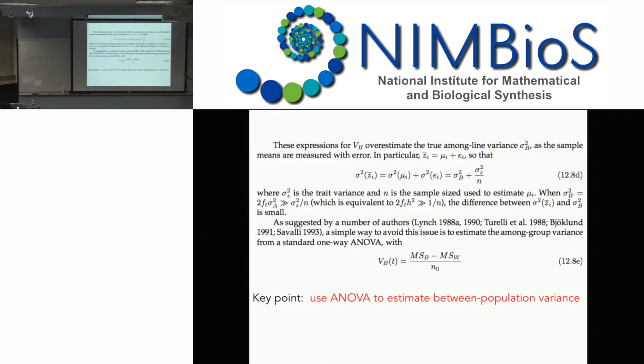So if we're looking at divergence, we want to look at the between mean variance, and the cleanest way to get that is to do an analysis of variance. Because if I simply use the means directly, I've got an error associated with their sampling. If n is large, it's not a big deal, but to be clean, you should always basically do that. If you only have 2, you can still use this expression. So estimate the between line variance with an ANOVA. That's your clean estimate.